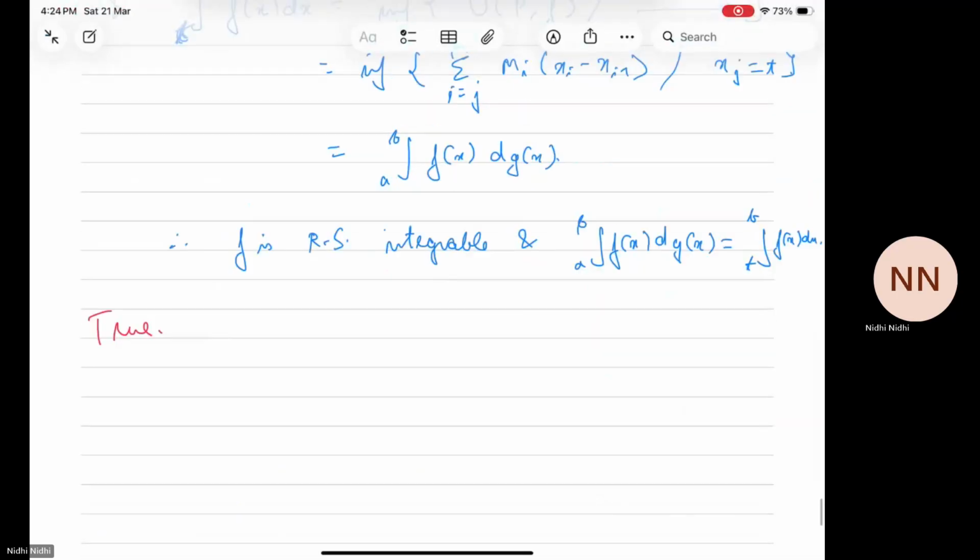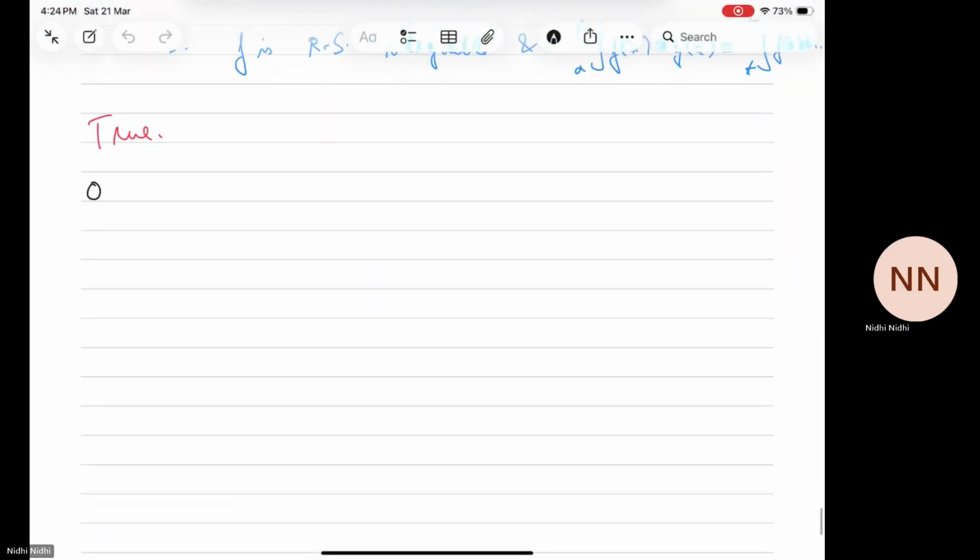Question number 6. Again, state whether true or false.